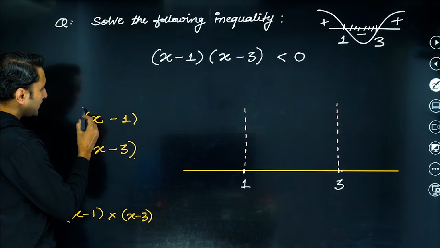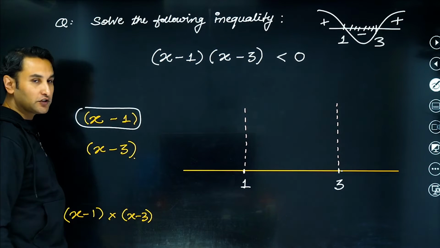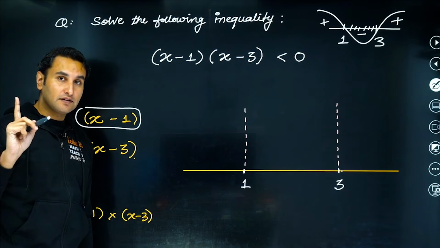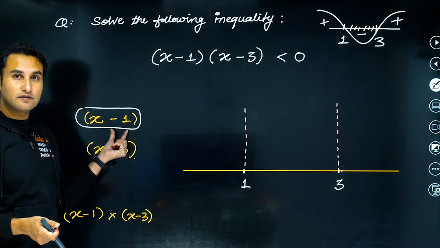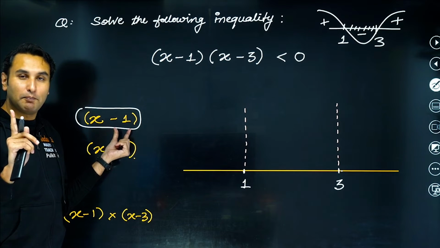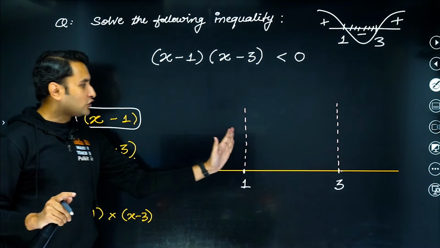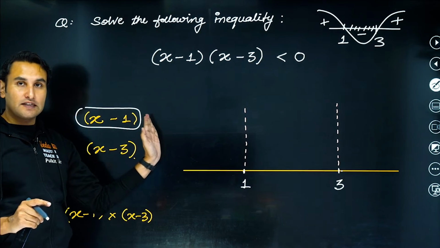Now let's look at the sign of x minus 1 only. Did I tell you in the beginning of the class that x minus 1 changes its sign about its root? Yes, remember, x minus 1 to the right of 1 is positive, to the left of 1 is negative.